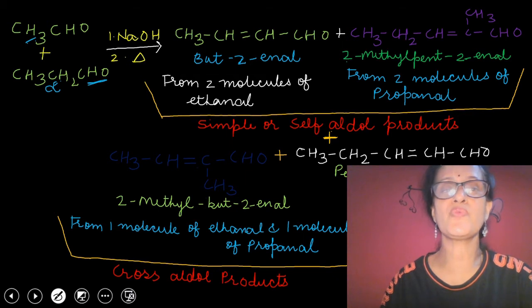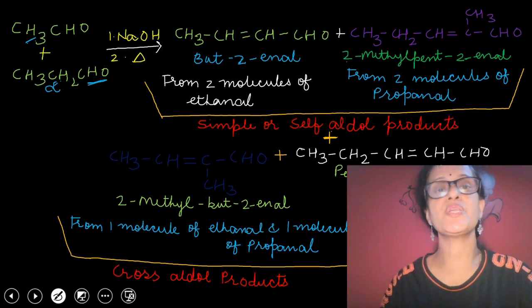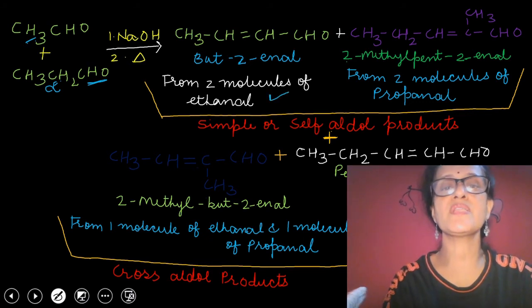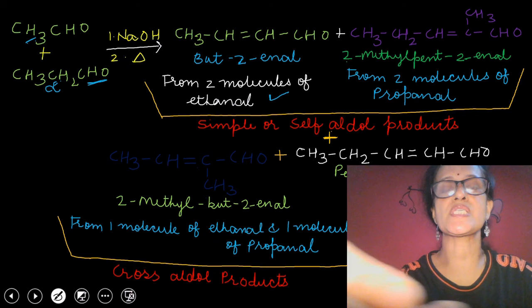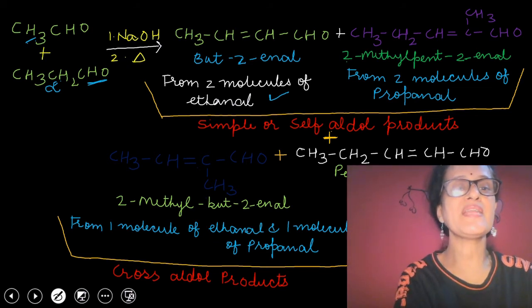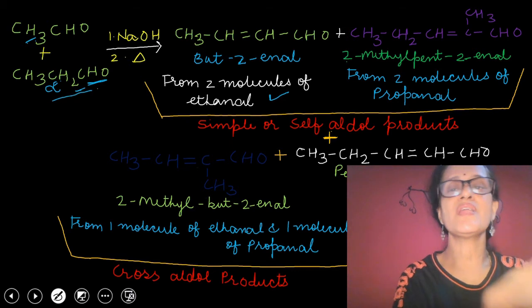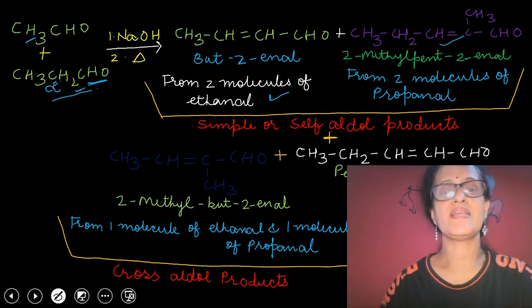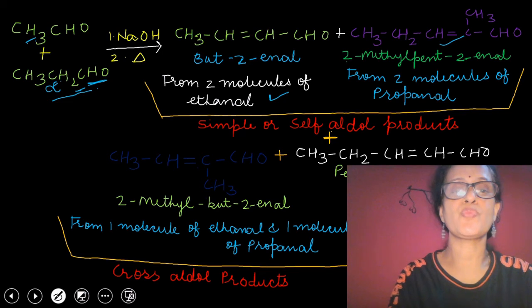First product you will get by the reaction between 2 molecules of ethanol. So when 2 molecules of ethanol react together, we get this product. And similarly, when 2 molecules of propanol react together, you will get this compound. Similarly, when ethanol reacts with propanol, then we will get these 2 products.